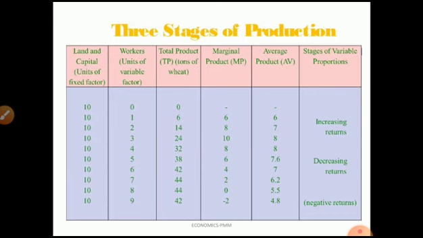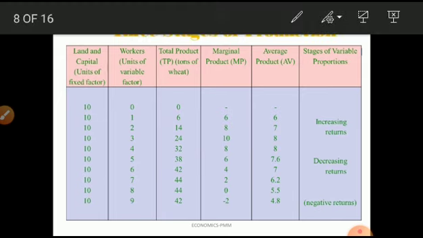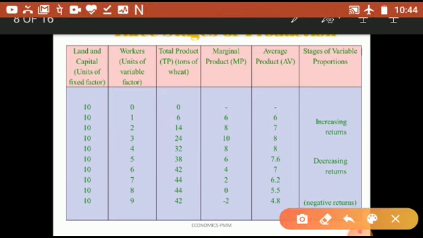Now in this table we can see the first column tells about land and capital, which we have assumed to be the fixed factors. In the second column, workers or labor is a variable factor.